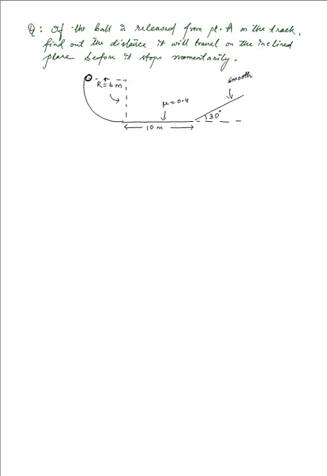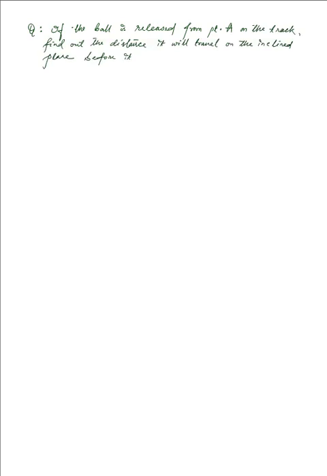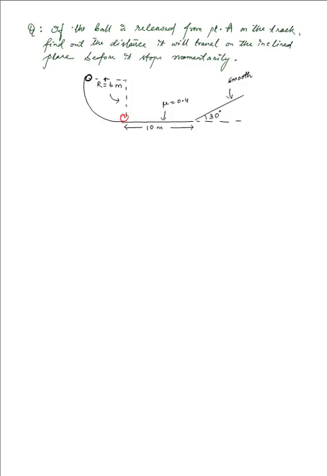First of all, we'll use the conservation of energy. As the ball reaches the bottom of that quadrant, rolling down that curved path, because it's smooth, there's no loss in energy.